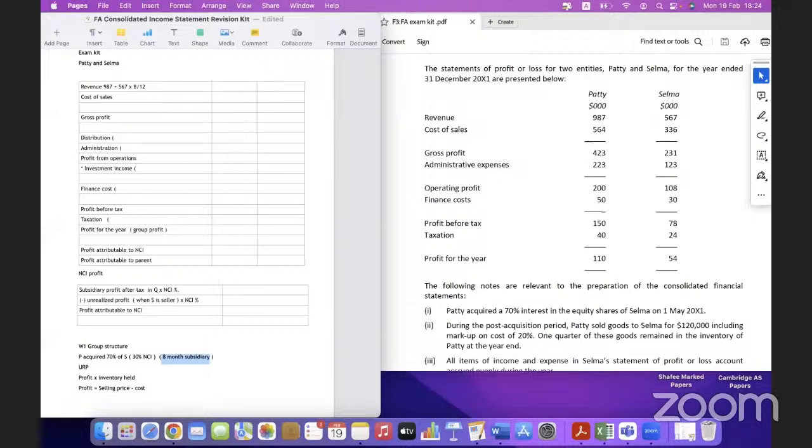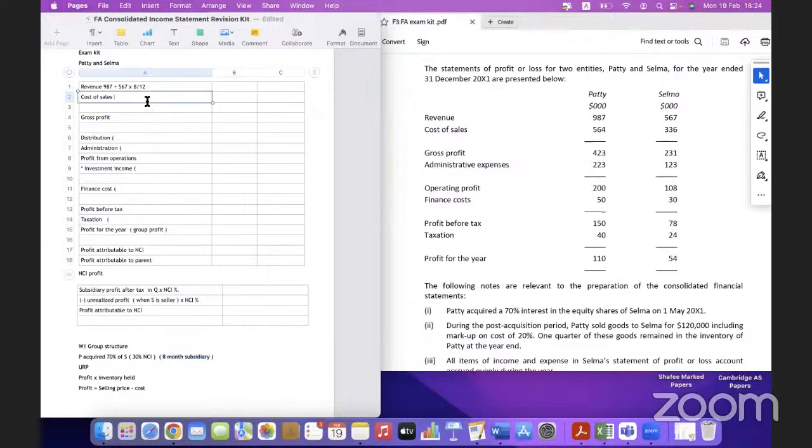After this only should you start doing all your adjustments, not before this. Don't do the adjustment and then put 8/12. That's completely wrong. First, you take the parent one fully. When adding the subsidiary one, take it according to the number of months. After that only should you start doing all your adjustments. Clear? Okay.